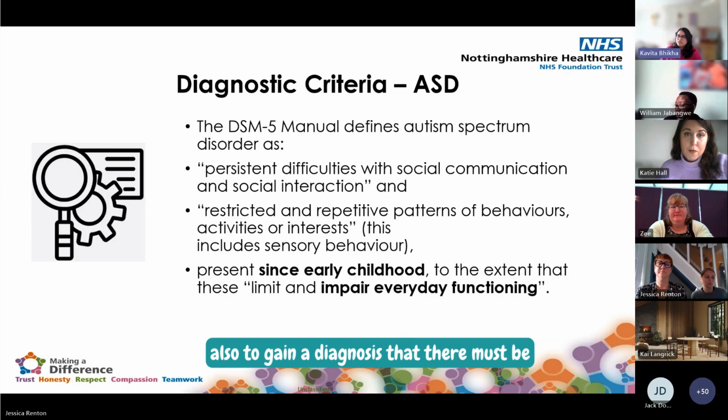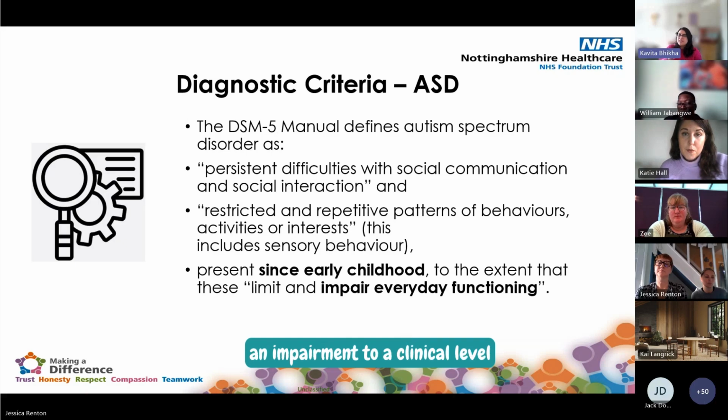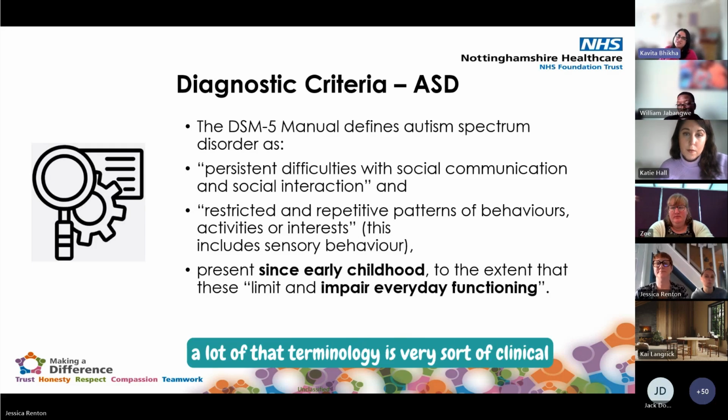And also, to gain a diagnosis, there must be evidence that there is an impairment to a clinical level, limiting someone's everyday function. I appreciate a lot of that terminology is very clinical and diagnostic terms.